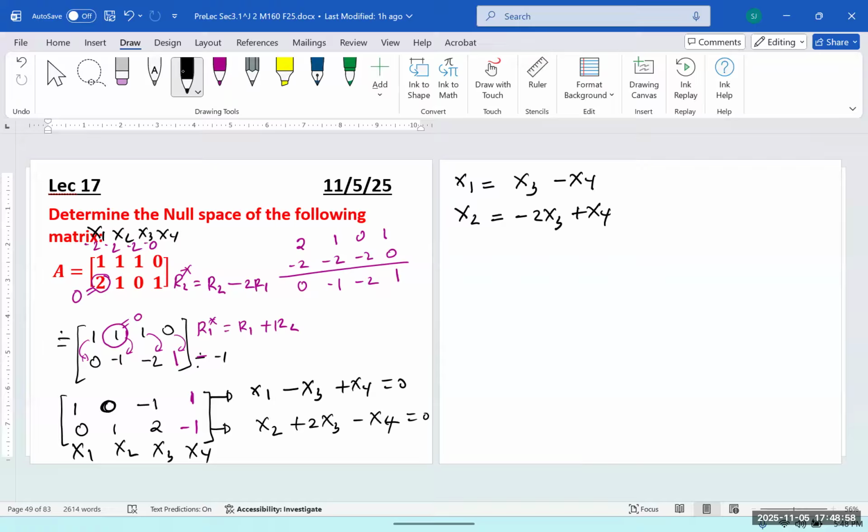We could at least solve for x1 and x2. That means x1 is 0x1, 0x2, 1x3, negative 1x4. Our x2 is 0x1, 0x2, negative 2x3, and positive 1x4.